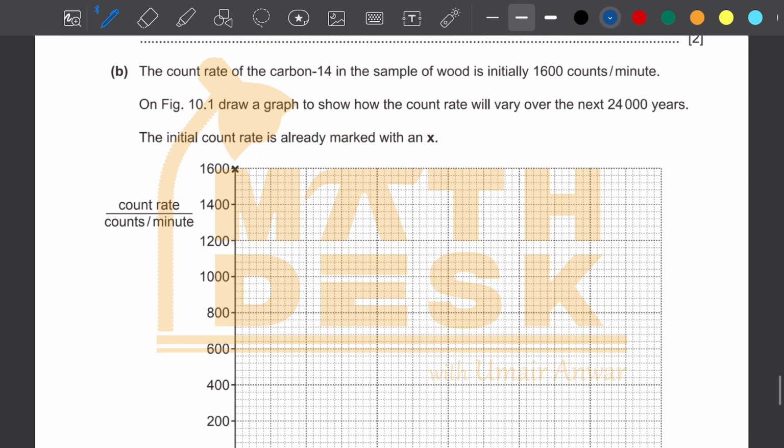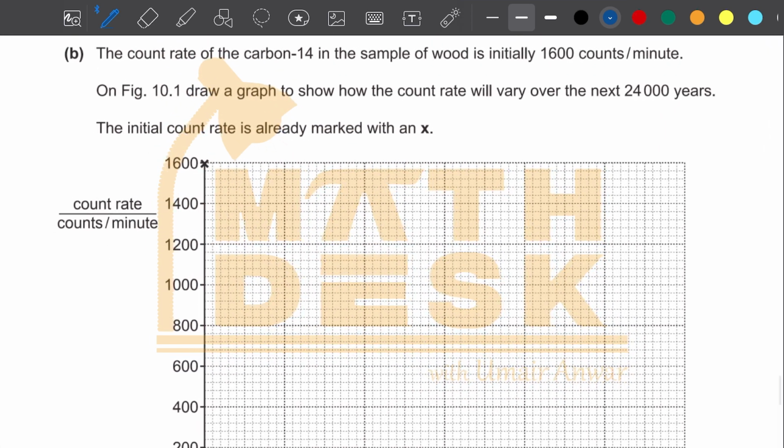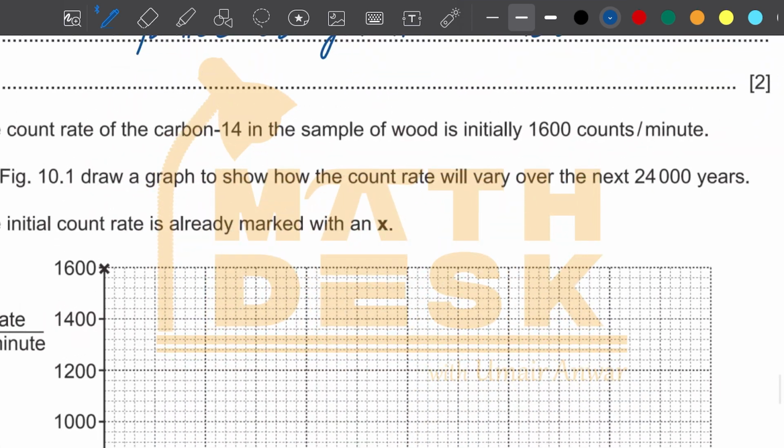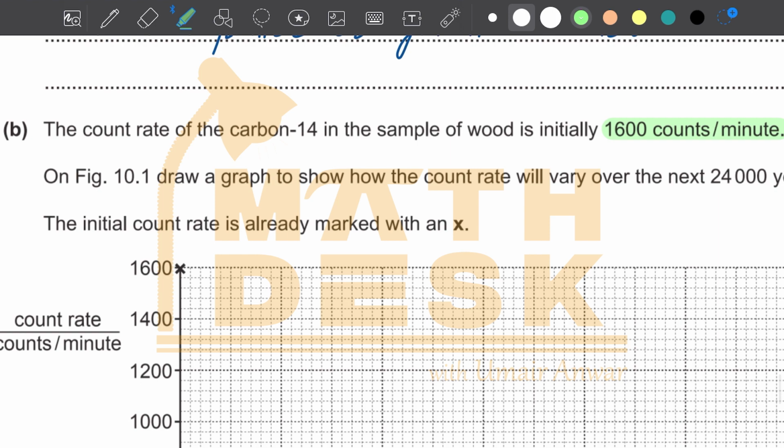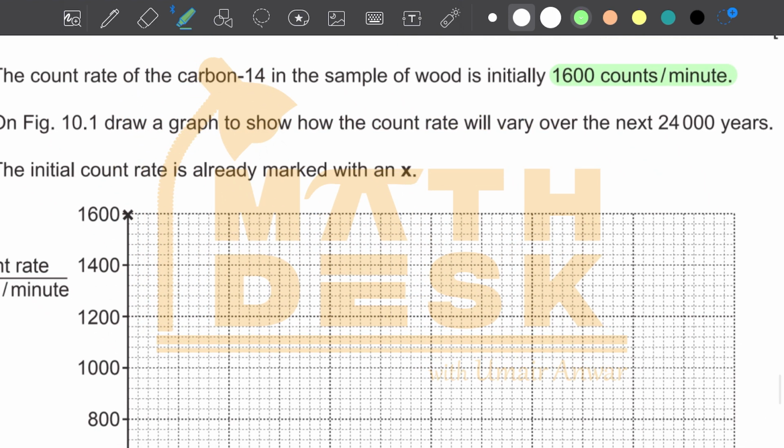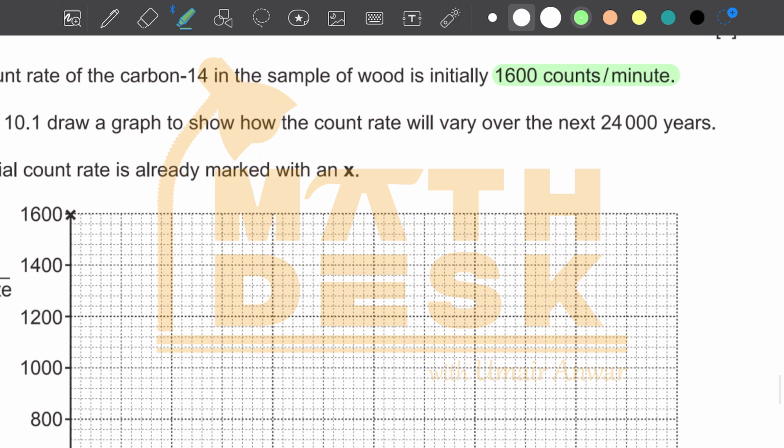The count rate of carbon-14 in a sample of wood is initially 1600 counts per minute. So this is the initial count rate. Figure 10.1, draw a graph to show how the count rate will vary over the next 24,000 years.